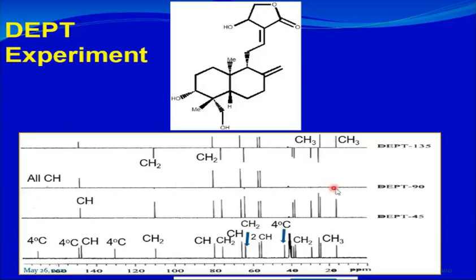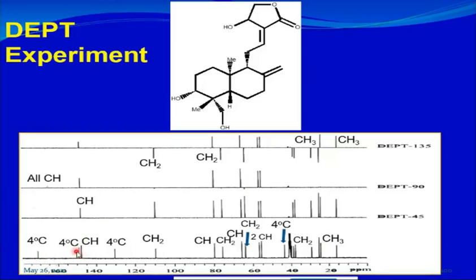In depth 90, you only have CH, but in depth 135, you have all the carbon atoms that have hydrogens attached to them. And so to differentiate them from quaternary carbons, you go to the broadband spectrum, and you see which peaks are missing in 135. So this peak of the broadband is missing here in depth 135, so this should be a quaternary carbon.